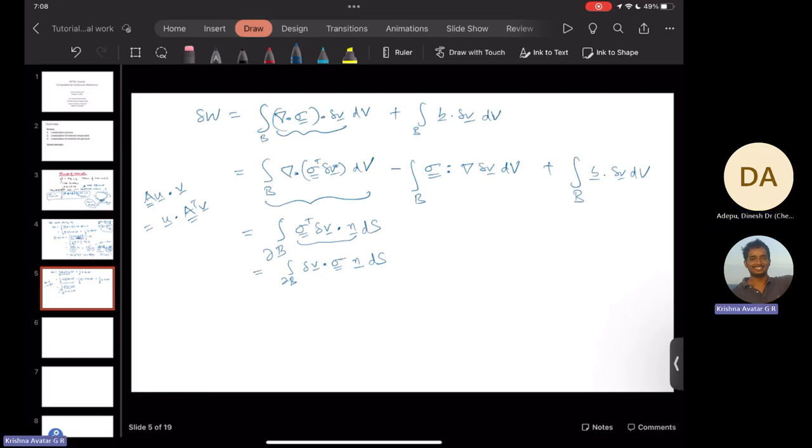And there is something you may recall from the Cauchy stress principle, which we discussed long back. It just says how traction is related to the stress tensor. So this was the rule: T is equal to sigma n.